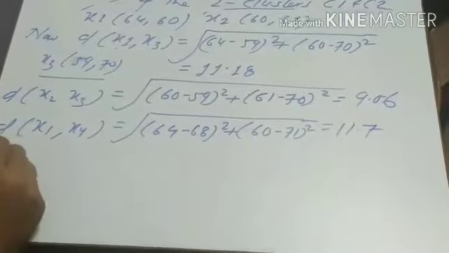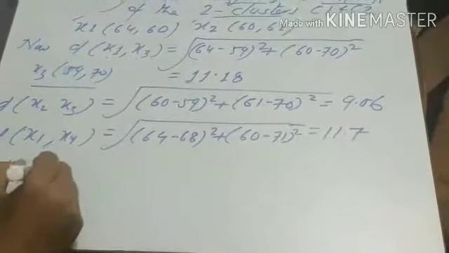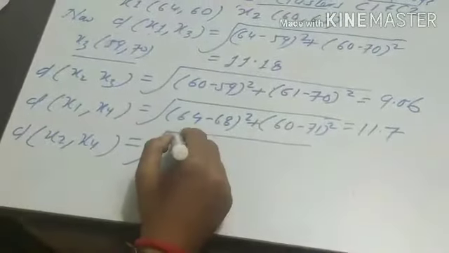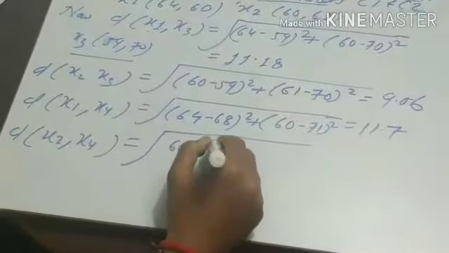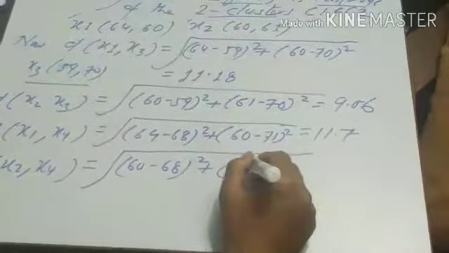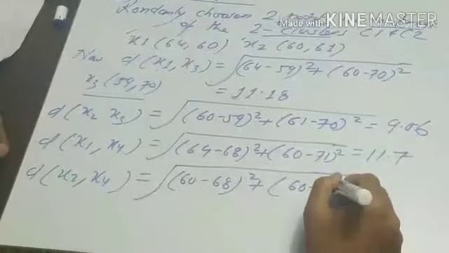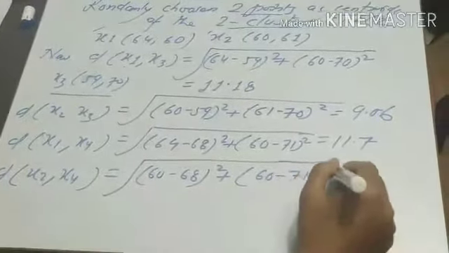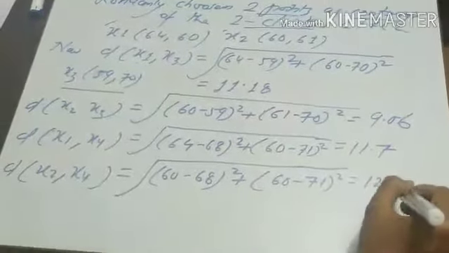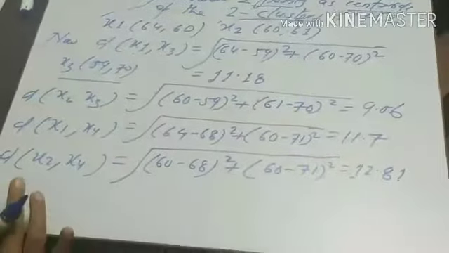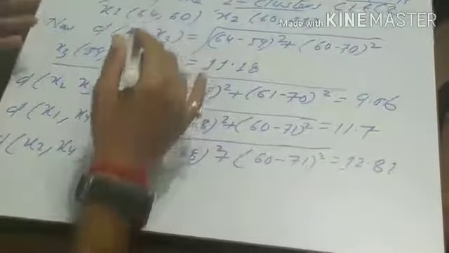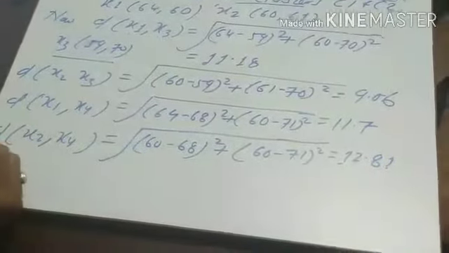And now finally we calculate the distance between x2 and x4, which is calculated as the square root of (60 minus 68) whole square plus (60 minus 71) whole square, and we get the value 12.81. Okay, and these are the distances between the centroid and the other points.